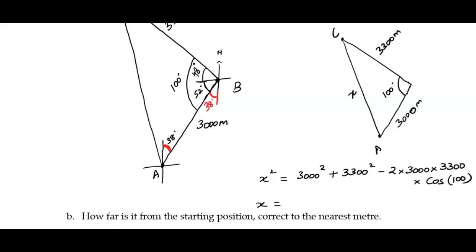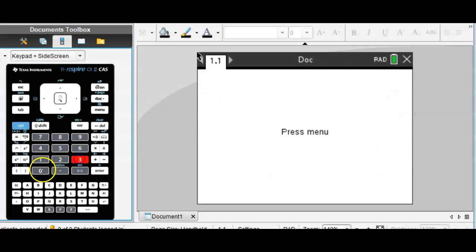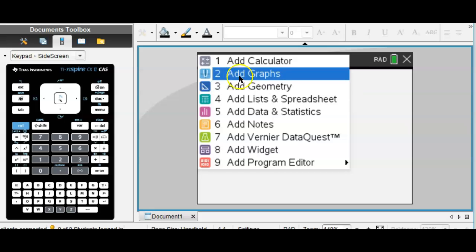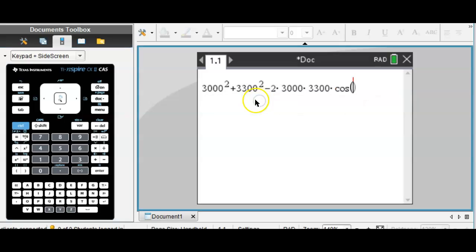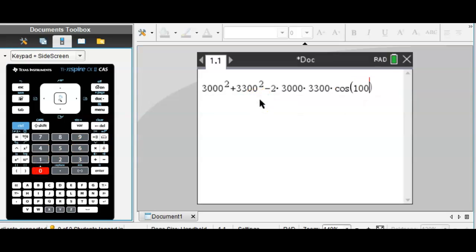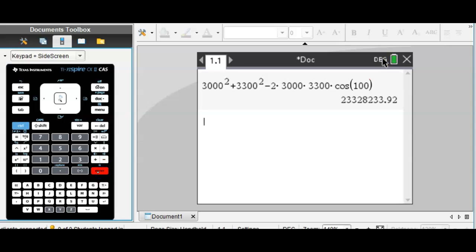So I'm going to use my calculator here: 3,000 squared plus 3,300 squared minus 2 times 3,000 times 3,300 times cos 100. I'm just making sure my calculator is in degrees. So that's the answer for x squared. In order to find the answer for x, I'm going to square root this answer.